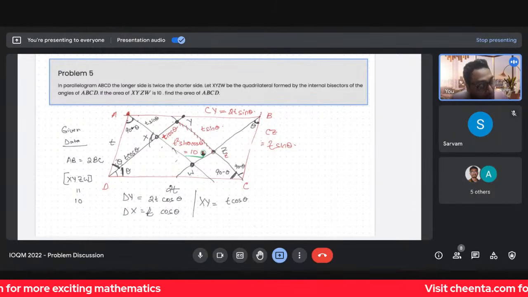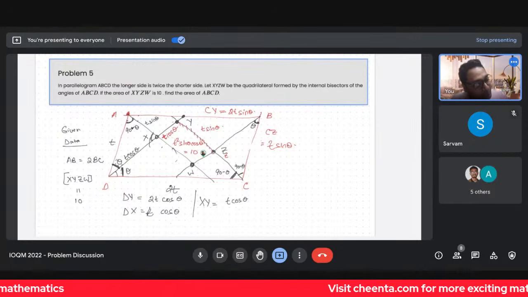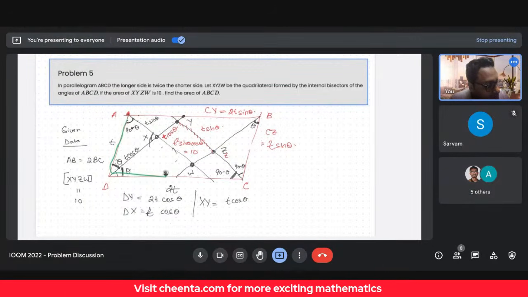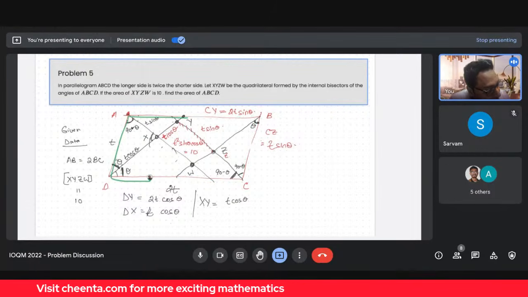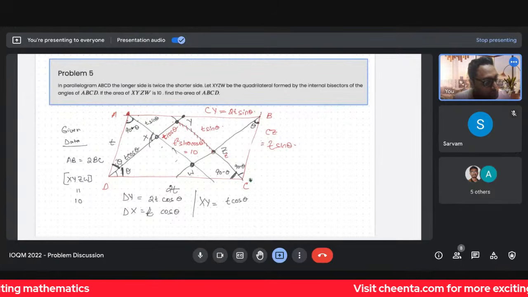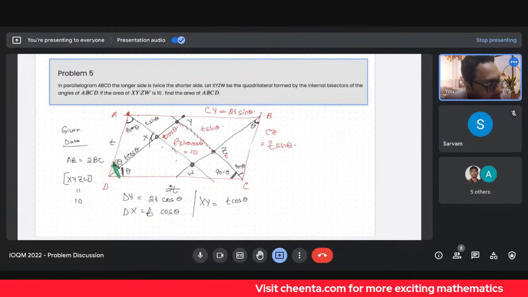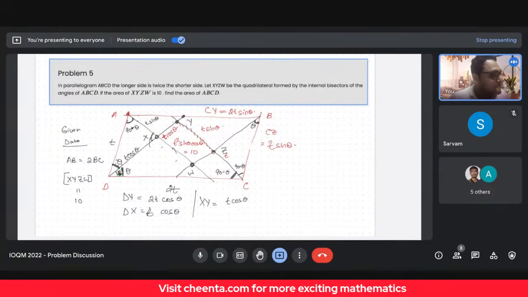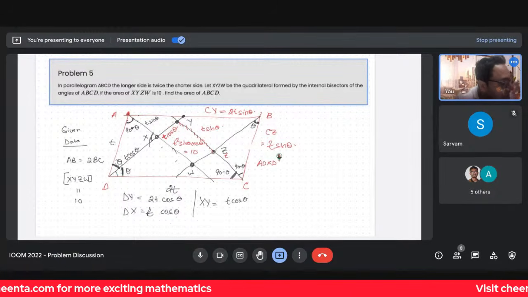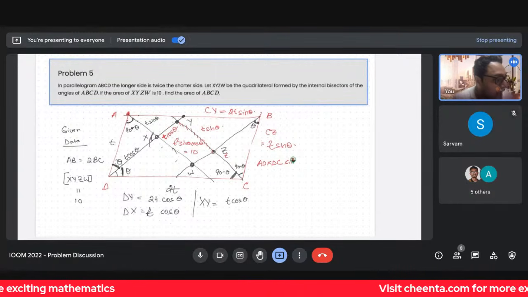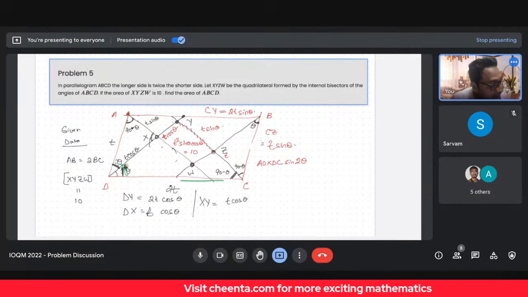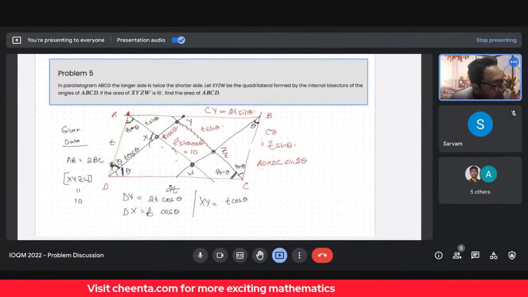You want to find out the area of this parallelogram. So how do you do that? Well, you notice that this side is t, this side is 2t, and this angle is 2 theta. So the area of the parallelogram is AD times DC times the sine of the included angle, the angle in between, which is 2 theta. AD is t, CD is 2t.